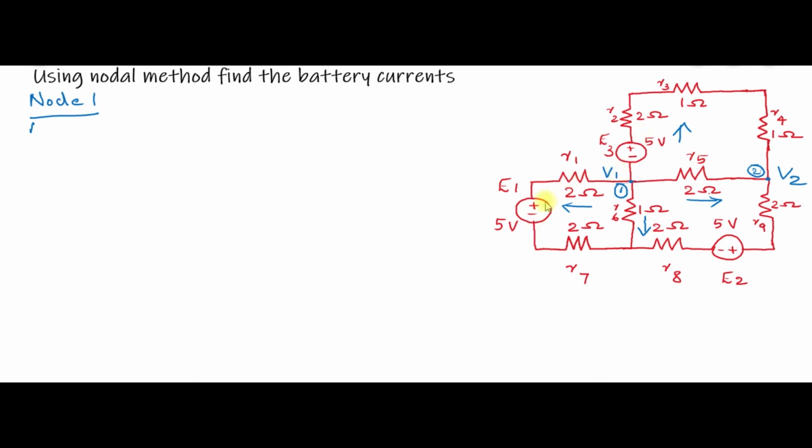So V1 minus E1 divided by R1 plus R7, which is V1 minus E1 divided by 2 plus 2. Then to this first node V1, R6 is coming. So V1 by R6.